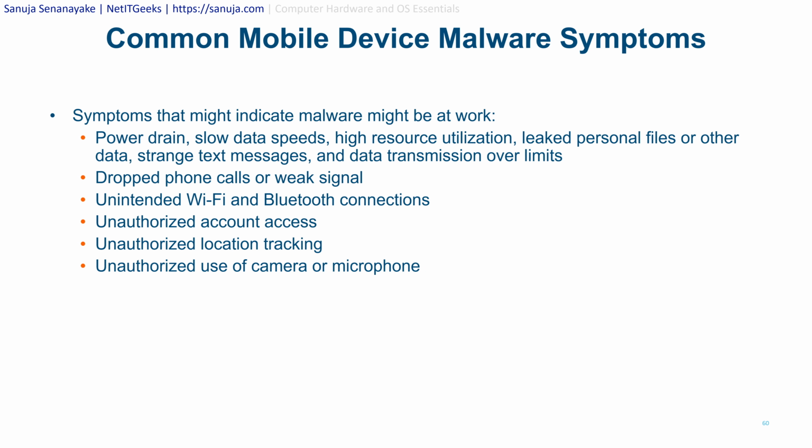Other symptoms include dropped phone calls or weak signal, unintended Wi-Fi and Bluetooth connections, unauthorized account access, unauthorized location tracking, and unauthorized use of the camera or microphone. With new Android devices, whenever your device is using the camera, microphone, or any other component that can be used to breach your privacy, a small icon shows up in the top right hand corner or top left hand corner, saying something in your phone or tablet is using your camera, microphone, or Wi-Fi, GPS, for example.